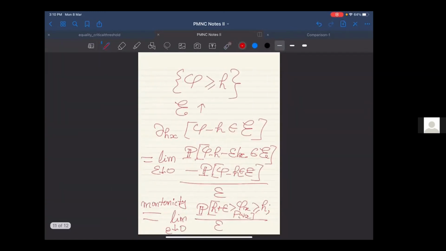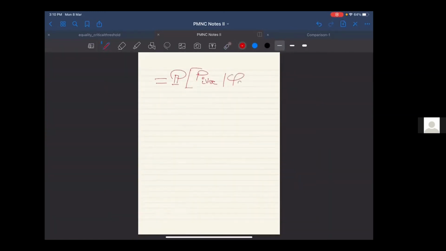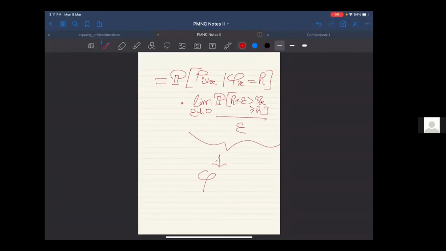So conditioning under this is the same as conditioning under that, times the limit as epsilon goes to 0 of the probability that the field lies between H and H plus epsilon, which goes to, of course, the density.